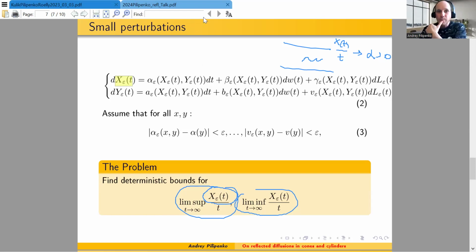If you have a diffusion in a cone whose coefficients are close to coefficients that depend only on phi, and if the diffusion with coefficients that depend only on phi hits the vertex in finite time, then a diffusion with slightly perturbed coefficients also hits zero in finite time, and actually with probability 1.